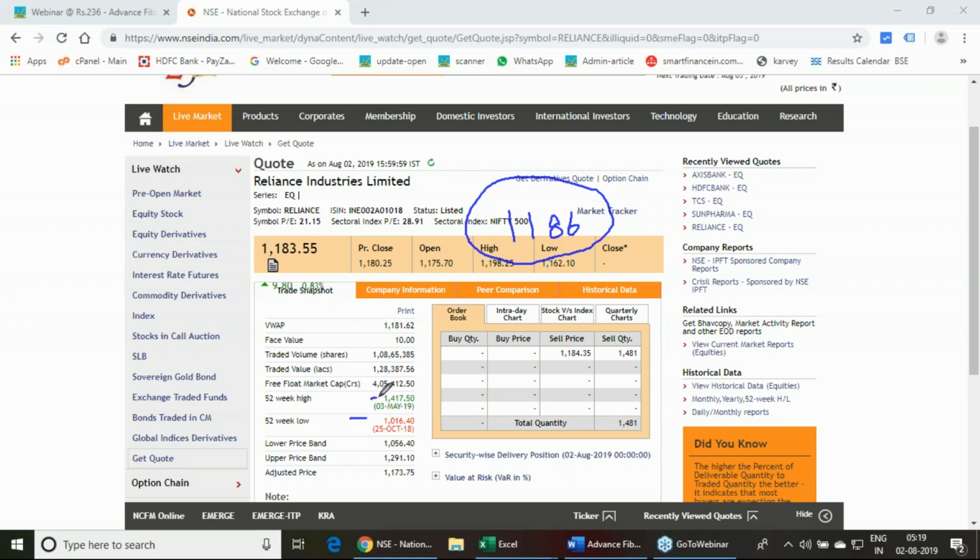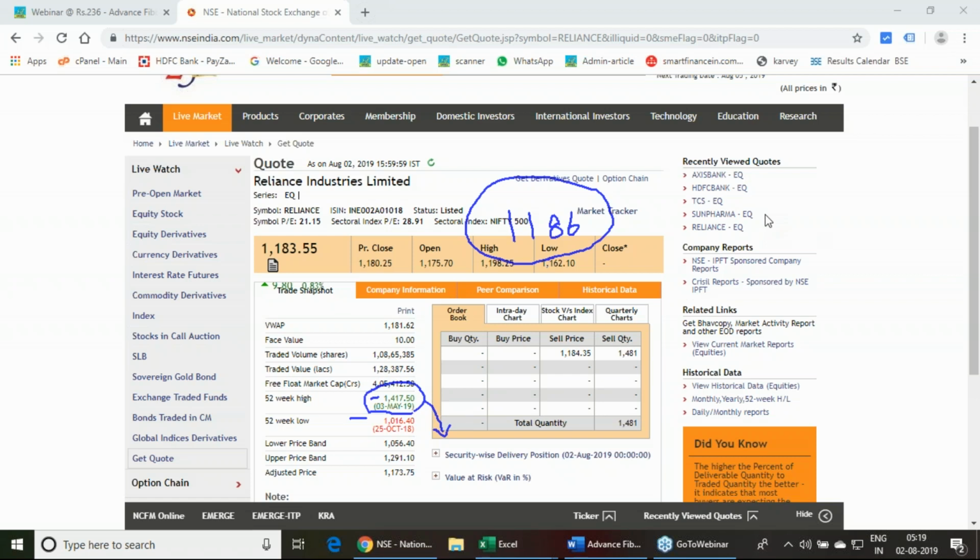However, the high of the stock was the recent one. It formed on 3rd May 2019. So the latest happening was the high, and from this high the corrections are happening.